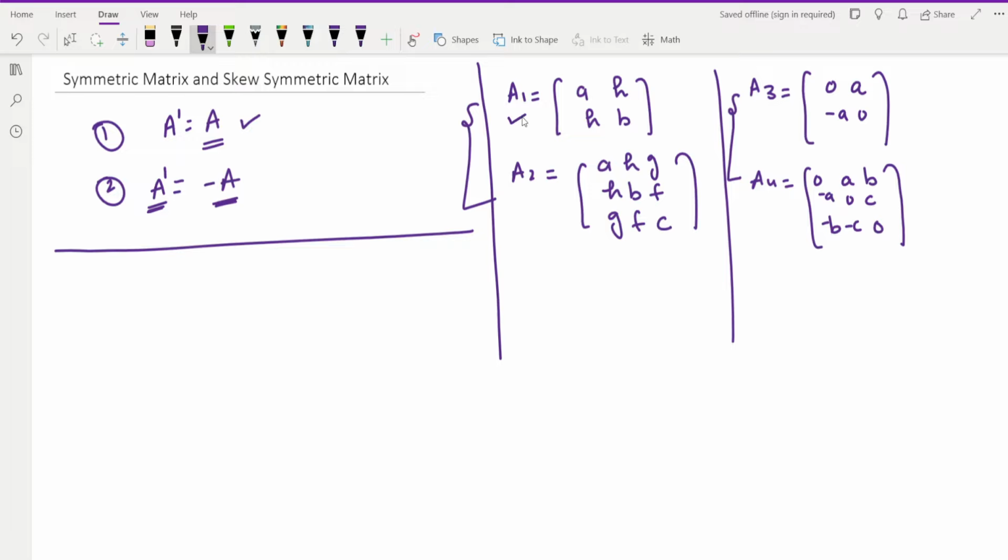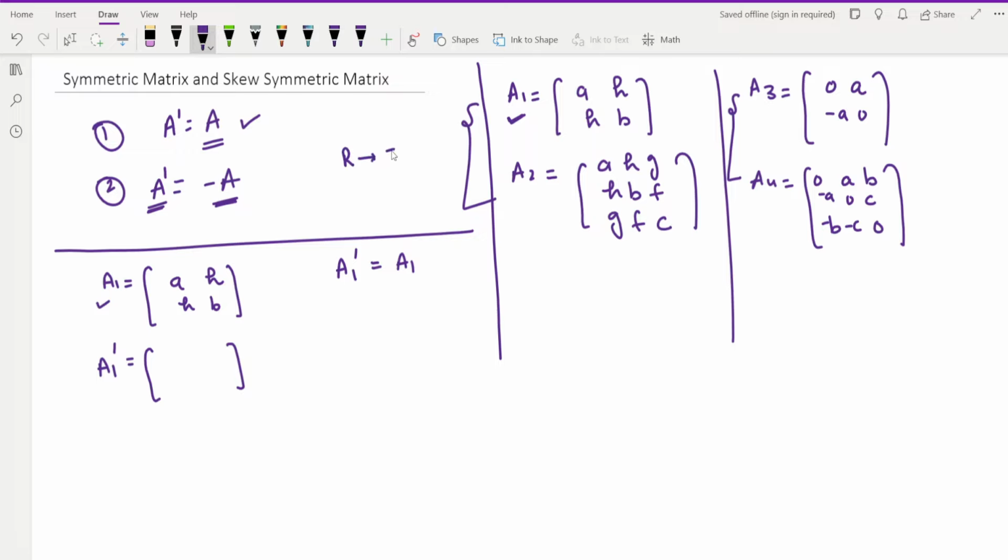For this purpose, I have taken this A1 matrix. Matrix A1 is provided as A, H and H, B, right? I want to verify whether this particular matrix is symmetric or not. As per the definition of symmetric matrix, A1 transpose must be equal to the original matrix. So I will take the transpose of this matrix, and transpose of any matrix means what?